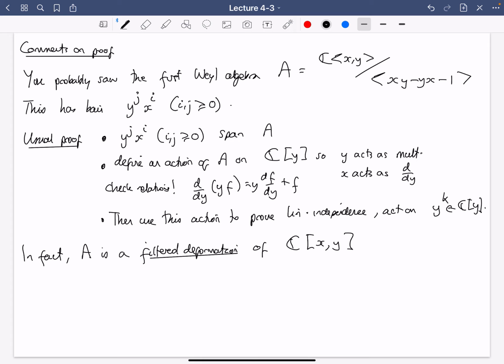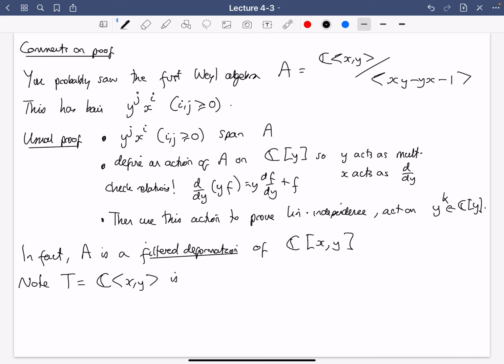Let me explain what these words mean. So I guess to start with, we should go back to this free associative algebra on two generators. Let's call that T. Actually, that's just a tensor algebra, right? If you take the two-dimensional vector space with basis x and y, then this associative algebra T is just the tensor algebra of that vector space.